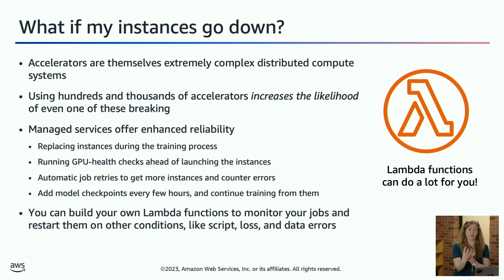A GPU and an accelerator is useful because it's massive, right? You have tens of thousands of cores sitting inside of this super complex distributed system. And so the software that runs on top of an accelerator is trying to maintain those and keep them healthy and keep them active and let you run your PyTorch software or your neural network software on top of it. Using hundreds and thousands of accelerators increases the likelihood of even one of those going down.